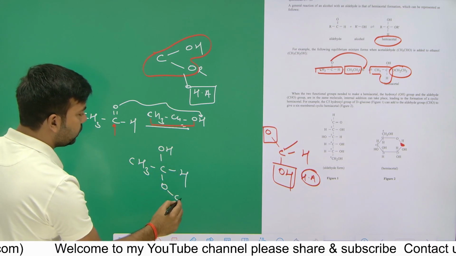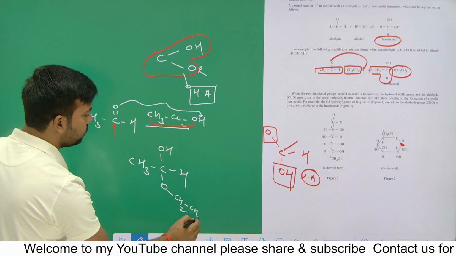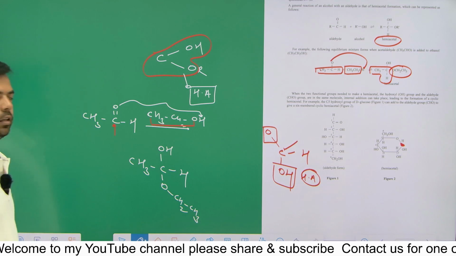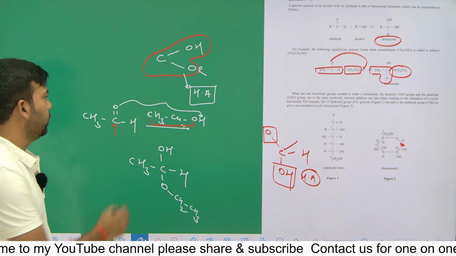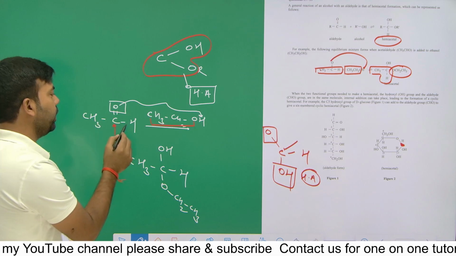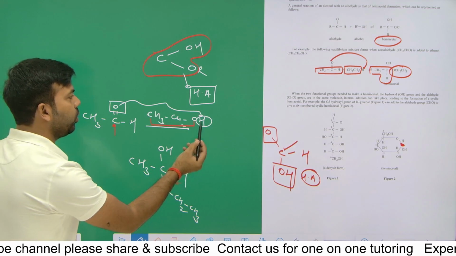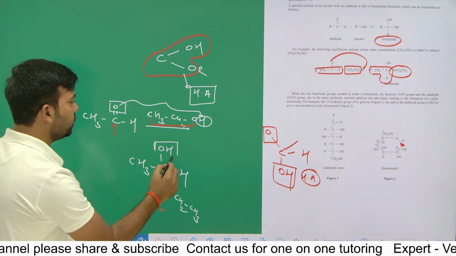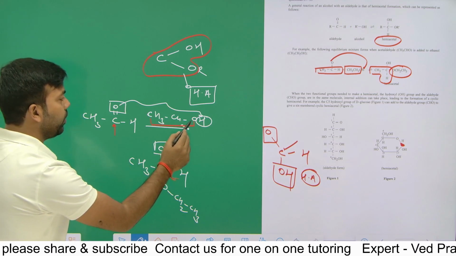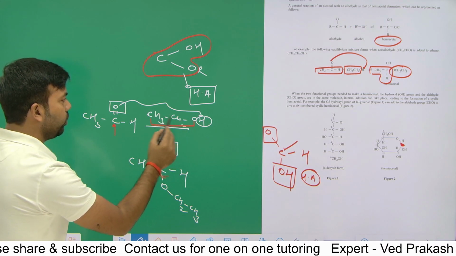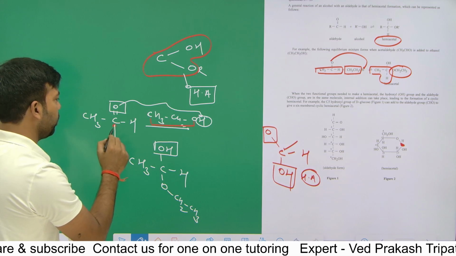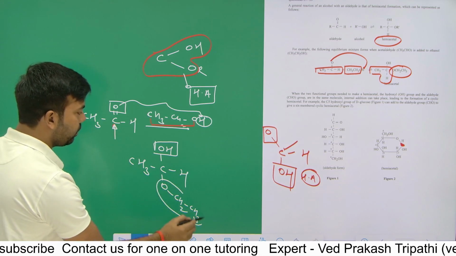So CH2 and then CH3. Clear? So look here again, the oxygen of the aldehyde attacks this proton of the alcohol and it becomes OH, and the rest of the alcohol, oxygen with 2 carbon chain, bonds to this carbon of the aldehyde.